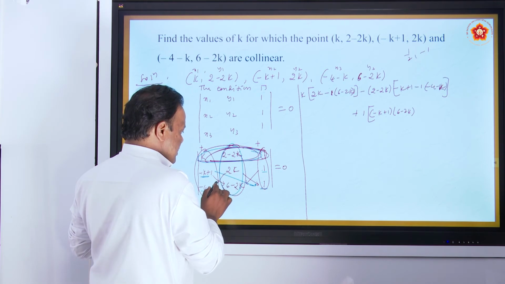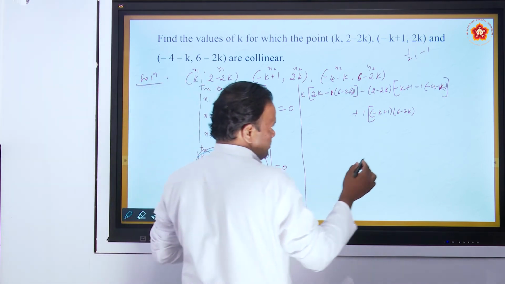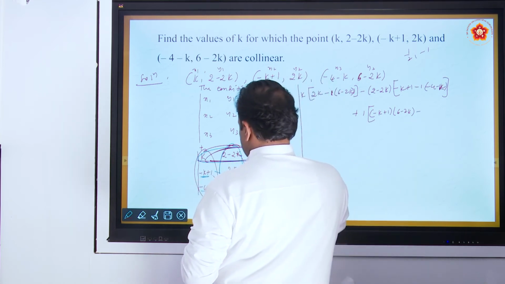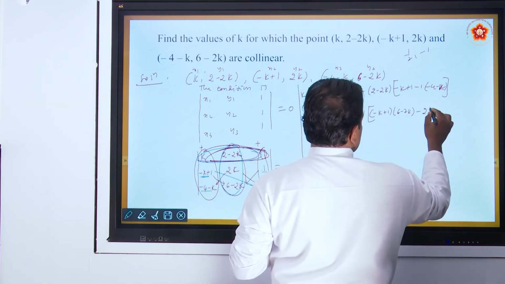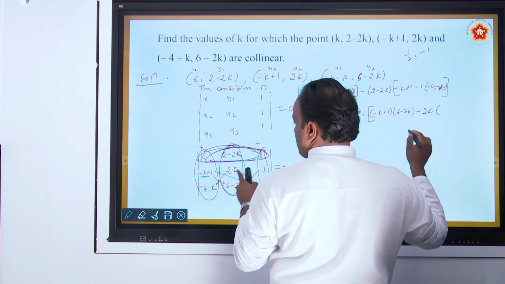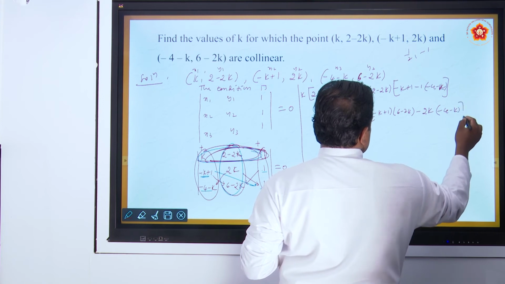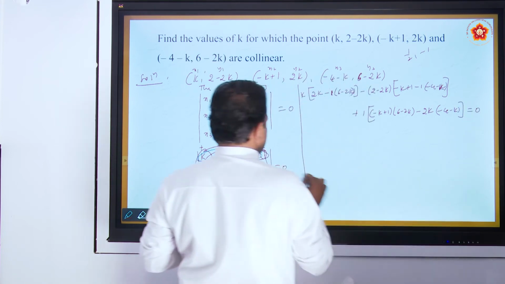Then take minus and cross multiply here: minus, multiply these two, 2k into minus 4 minus k. Close the bracket. This answer is 0, RHS is 0.